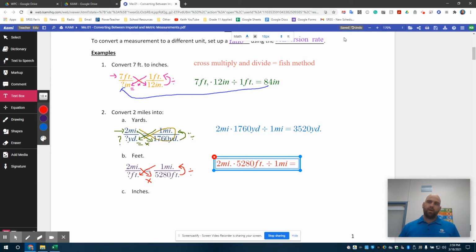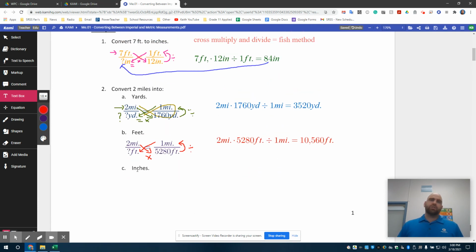Again, dividing by 1 really just changes the units. You don't even have to divide by 1 with your calculator. 2 times 5,280 divided by 1 is 10,560 feet. So 2 miles is the same as 10,560 feet.